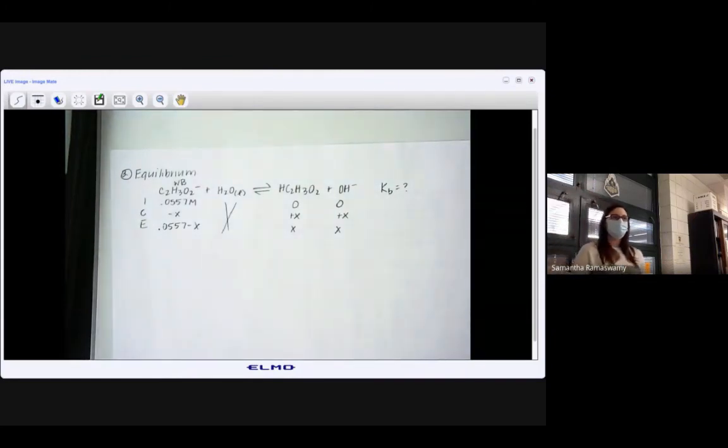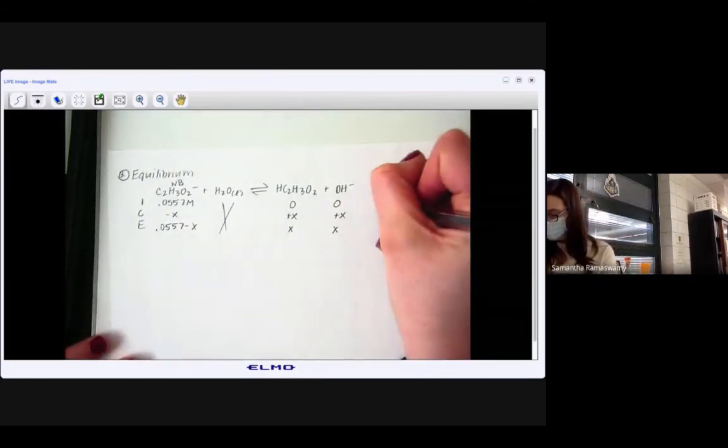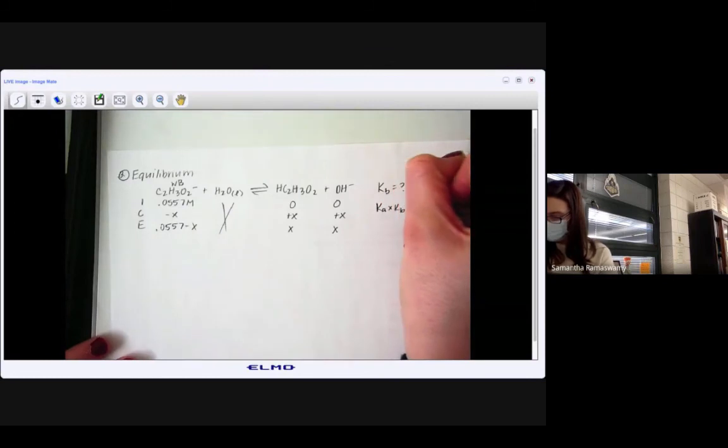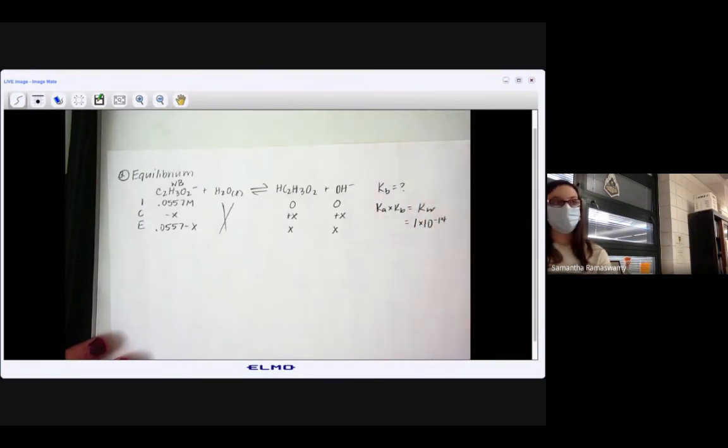So again, if you look at the problem, even if they give you Ka, they might not give you Kb. On the equation sheet, you have Ka times Kb equals Kw. And on the equation sheet, it tells you that Kw is 1 times 10 to the negative 14.